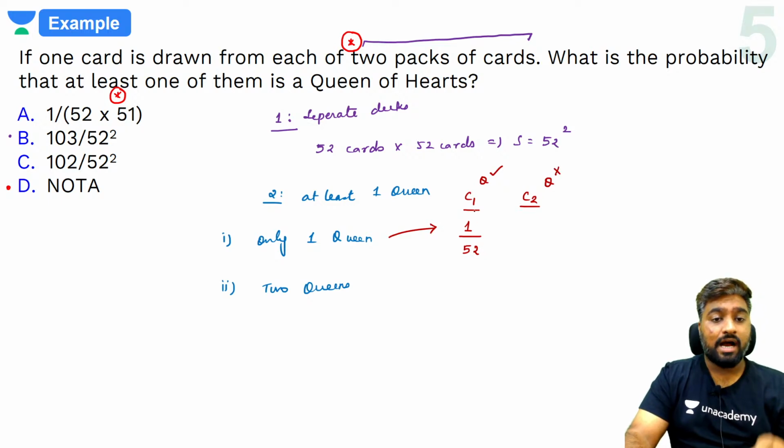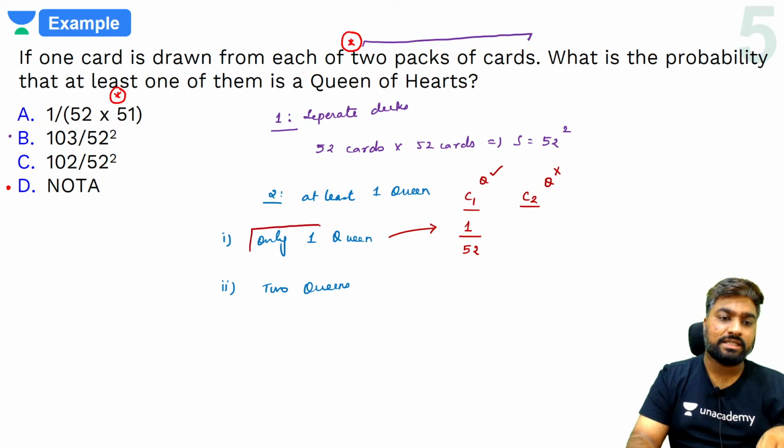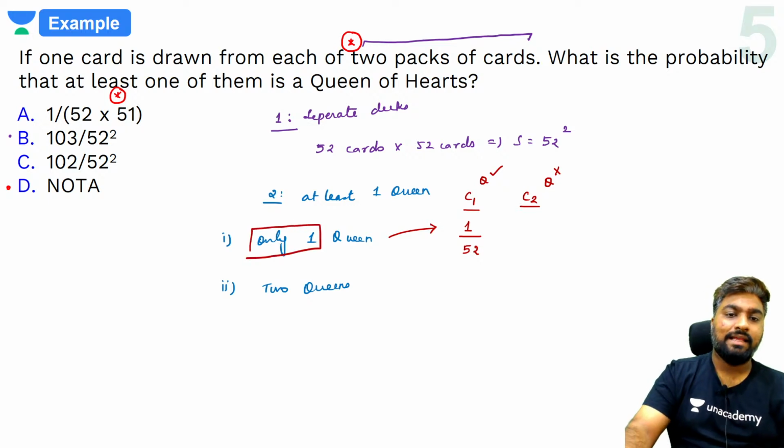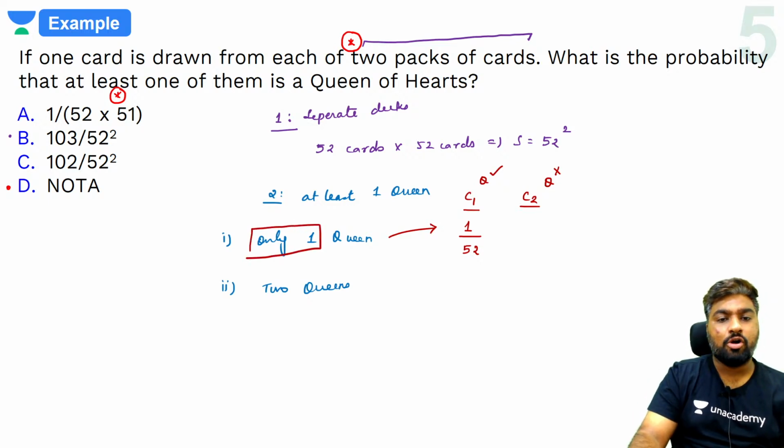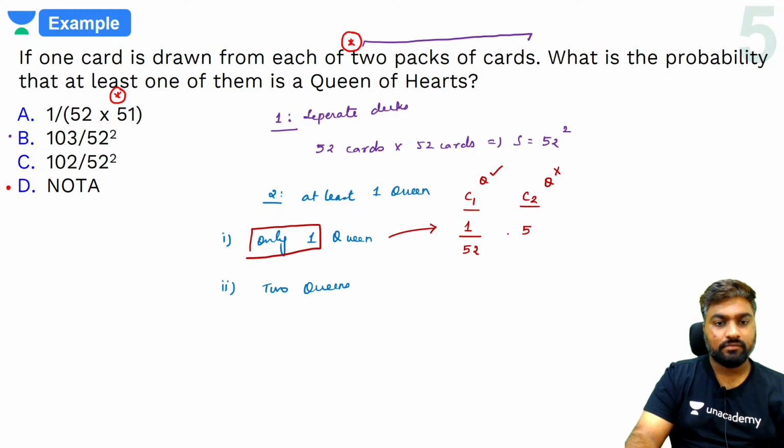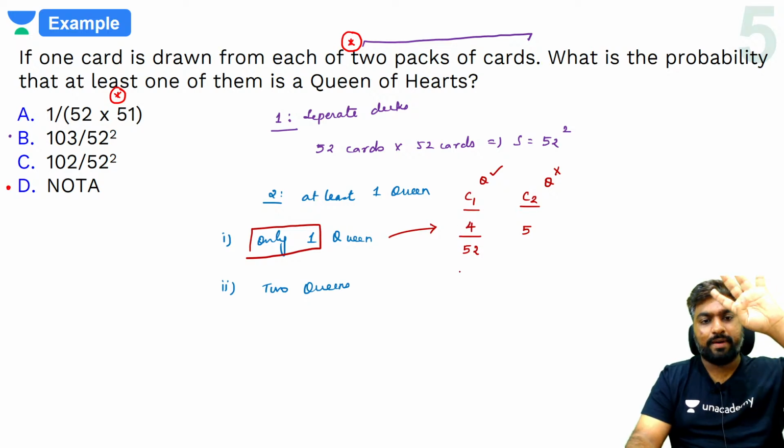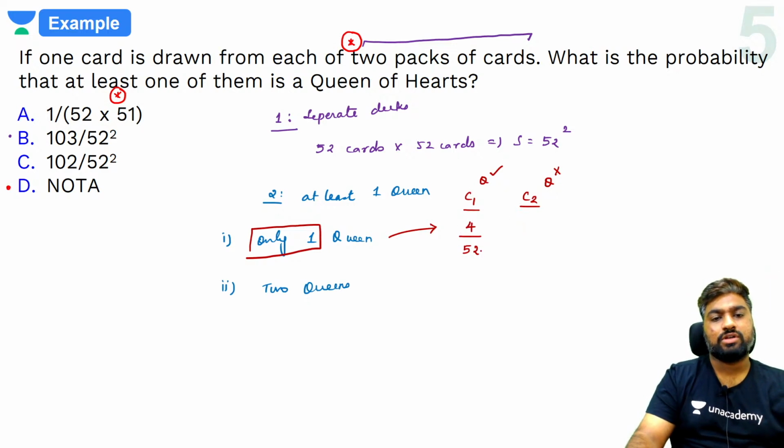No. If the first card is already a queen and we want only one queen, then can the second card be queen? No. It will be every other card except for a queen, correct? Which is how much? Sorry, there are 4 queens. So out of 52, if 4 queens are gone, remaining 48 out of 52.